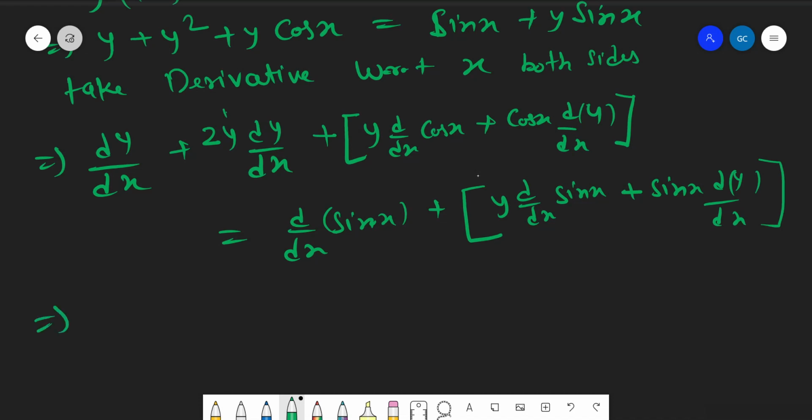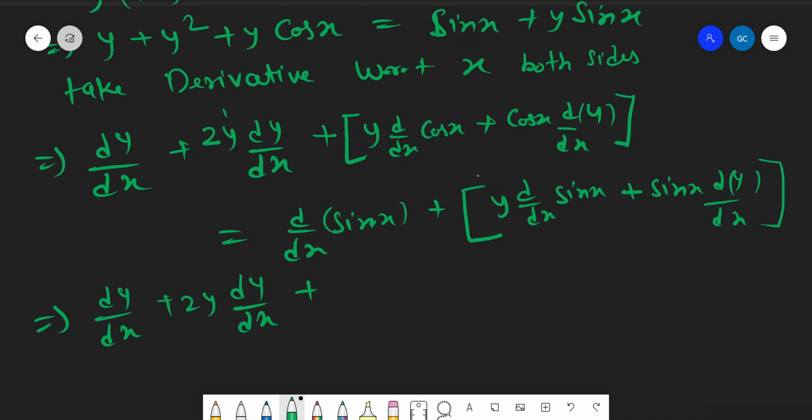So next part, what we can write, dy by dx plus 2y dy by dx plus, the derivative of cos x with respect to x is going to be negative sine.